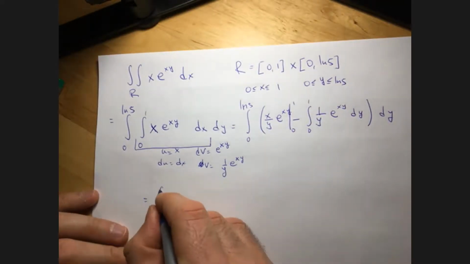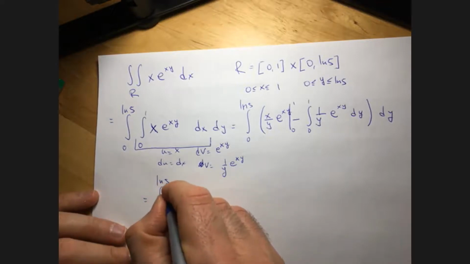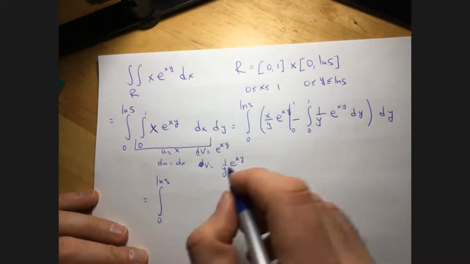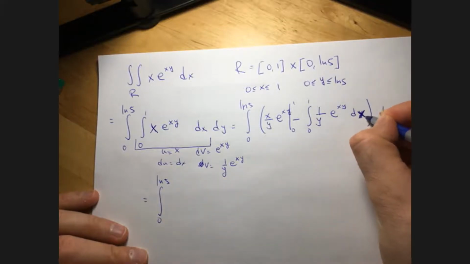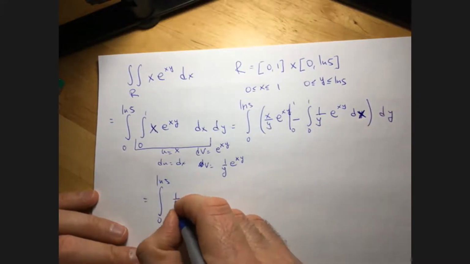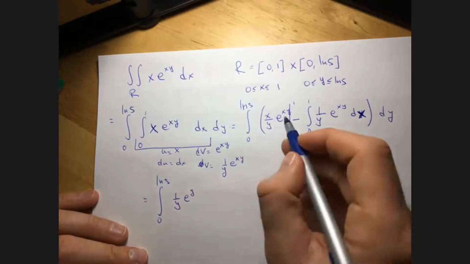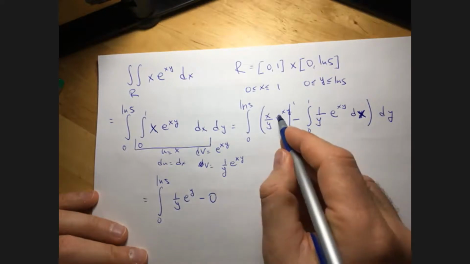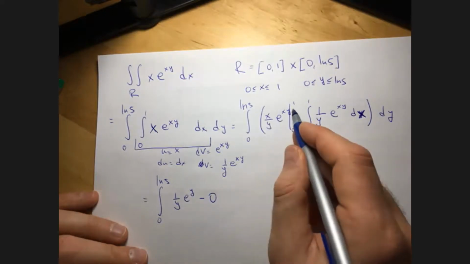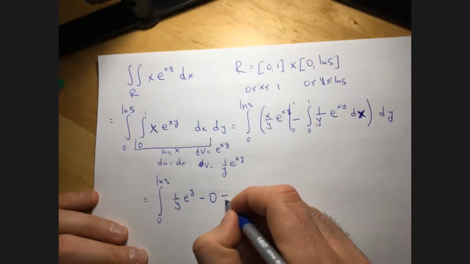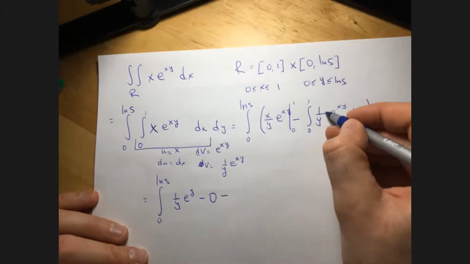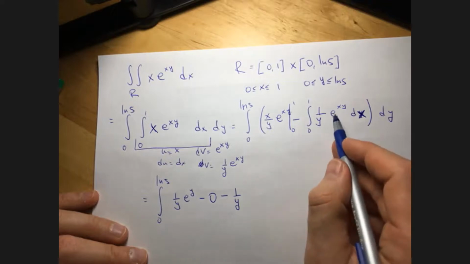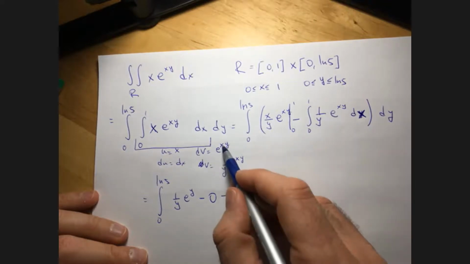Okay, this is the integral from 0 to ln of 5, plug 1 for x. So you get 1 over y e to the power y minus 0 when you plug in 0, because 0 over anything is 0. Minus, now this is a constant here, 1 over y, and then I'm left with the integral of e to the power xy, which was evaluated here.